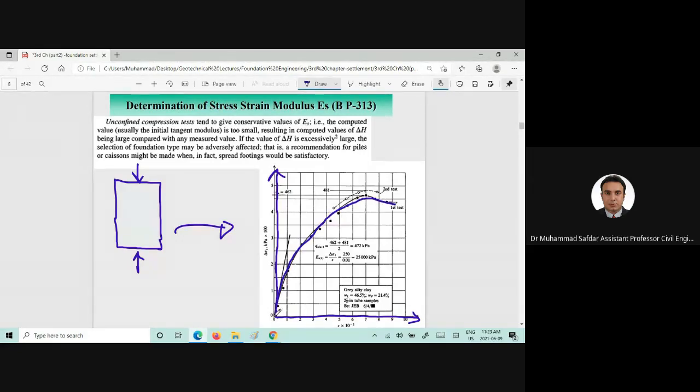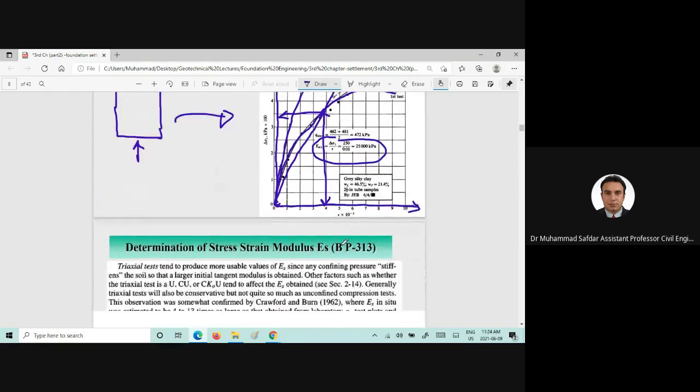And then if you want to find out the initial tangent modulus or at any particular strain level, we can estimate and calculate the modulus of elasticity from unconfined compression test. You can use that equation to find out the modulus of elasticity.